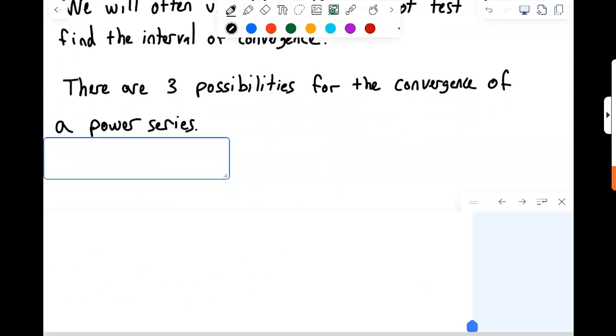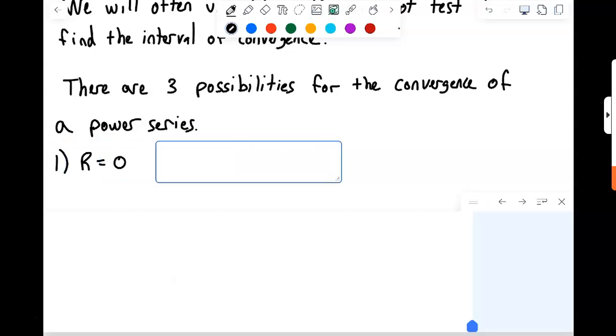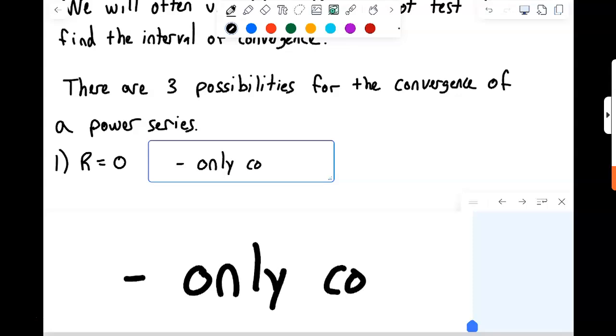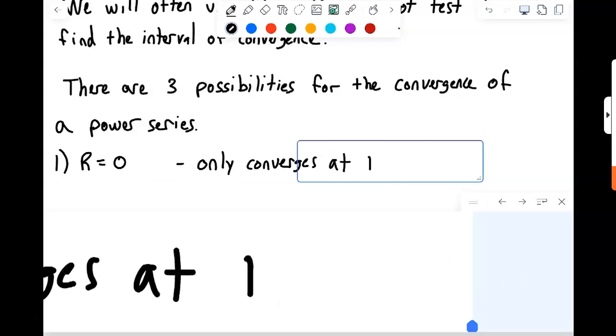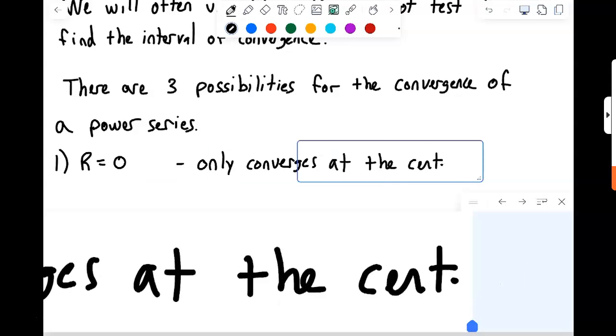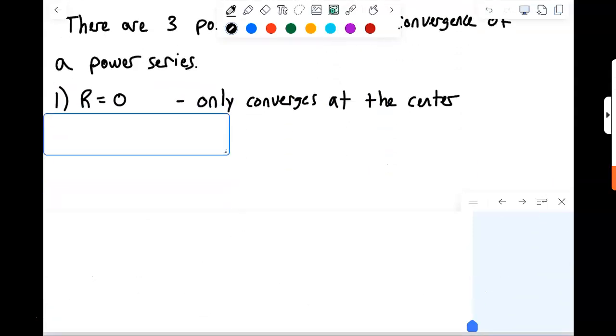And they go from the worst to the best scenario. Worst case scenario is the radius of convergence is 0. That means that your series only converges at the center, which makes it a very useless function. You can't do anything with it. You only find one place, and that is at the center.